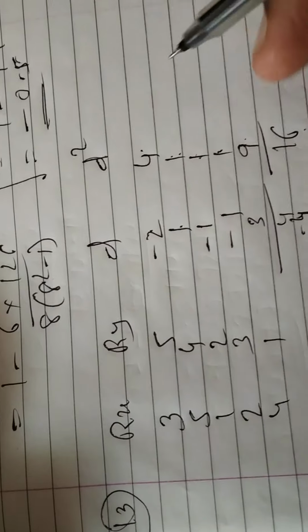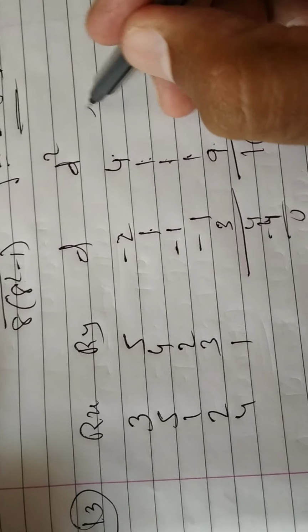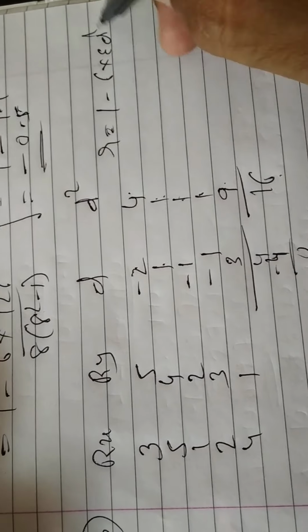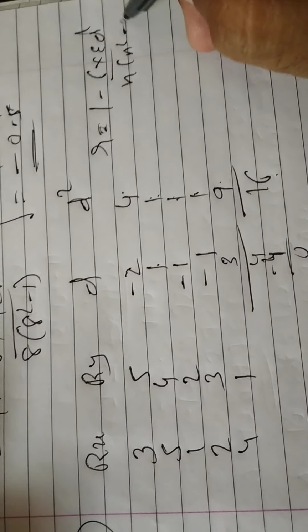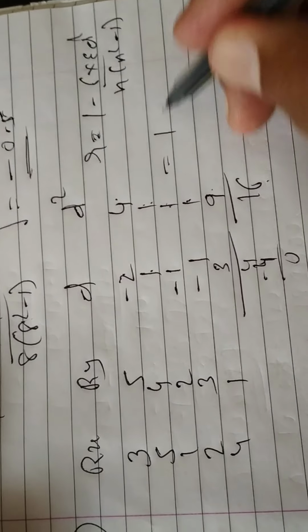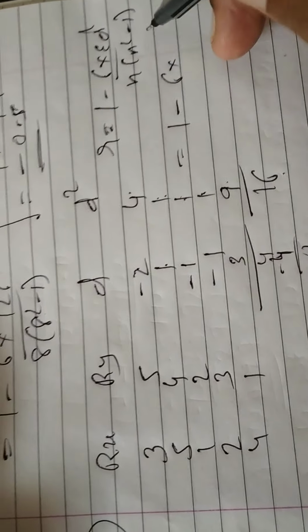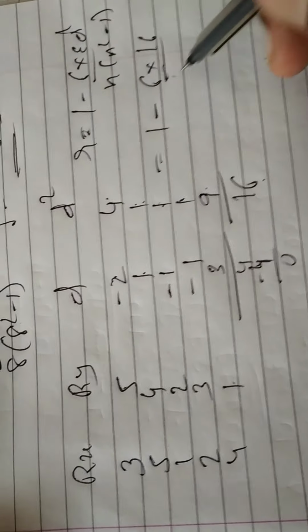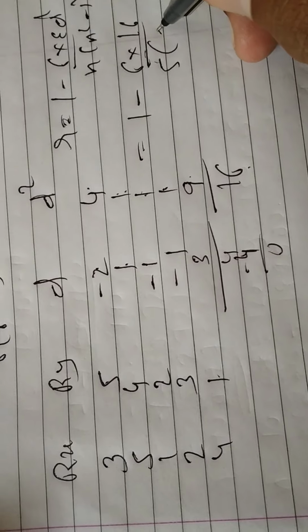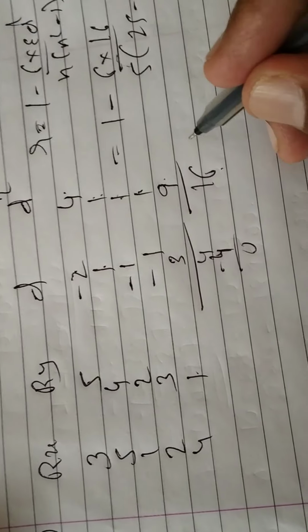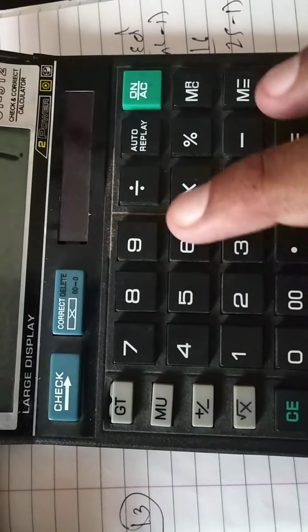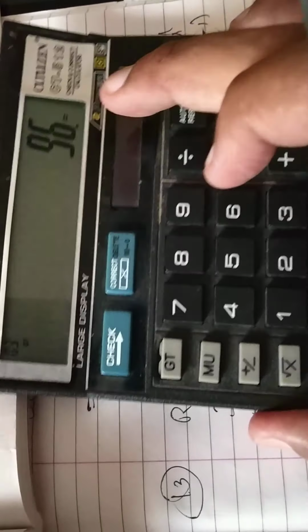Now put the value here. R equals 1 minus 6 into sigma d square upon n into n square minus 1. So here 1 minus 6 into sigma d square, that is 16. Now here n is 1, 2, 3, 4, 5, so 5 observations. 5 5s are 25, minus 1. So 6 into 16, value is 96.